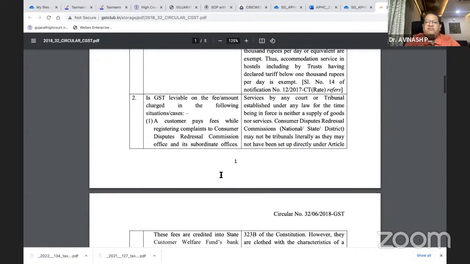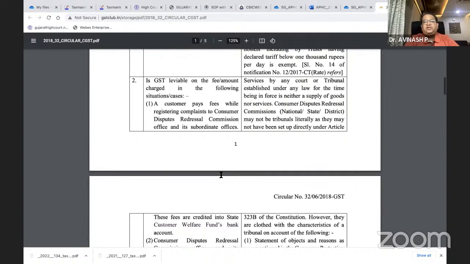Next is, is GST leviable on the fee amount charged in the following situations. A customer pays fees while registering complaints to Consumer Disputes Redressal Commission Office and its subordinate offices. These fees are credited into the State Customer Welfare Fund's bank account. Whether GST will be applicable on this.